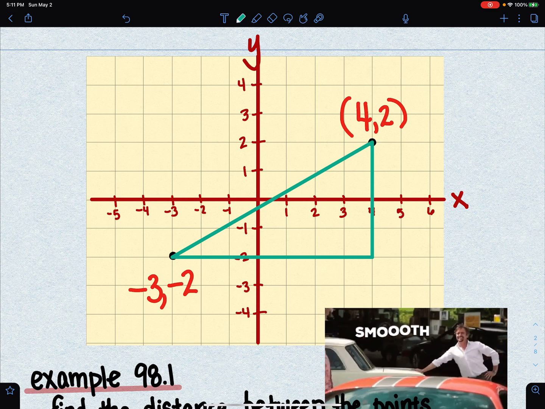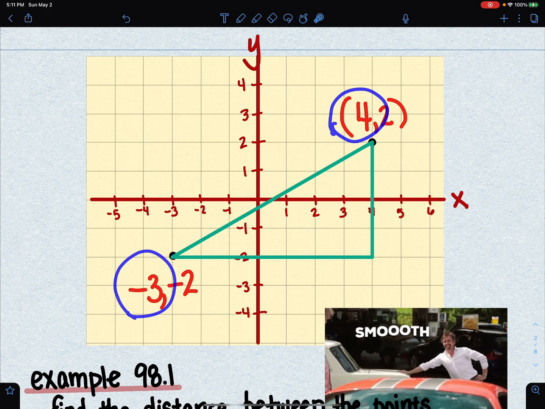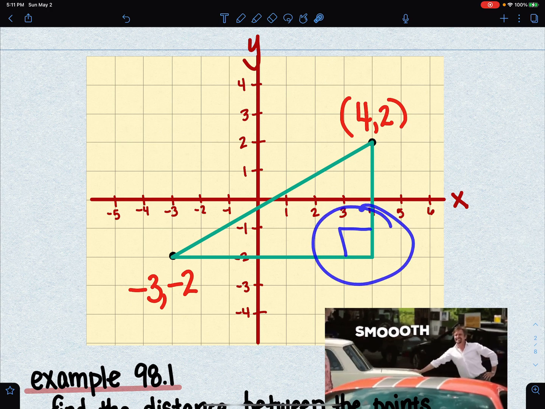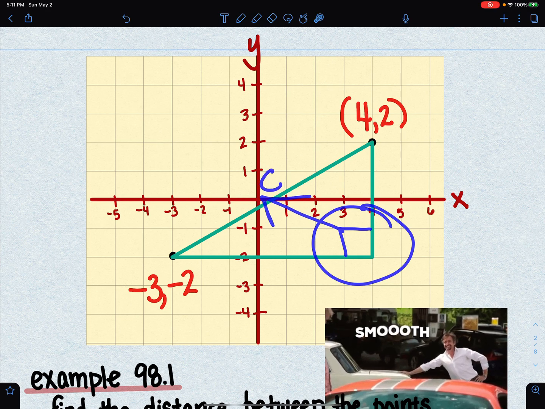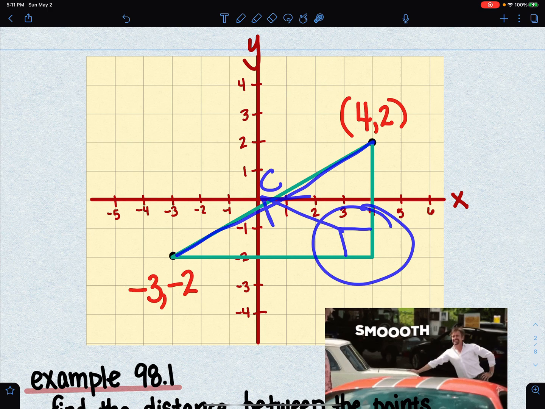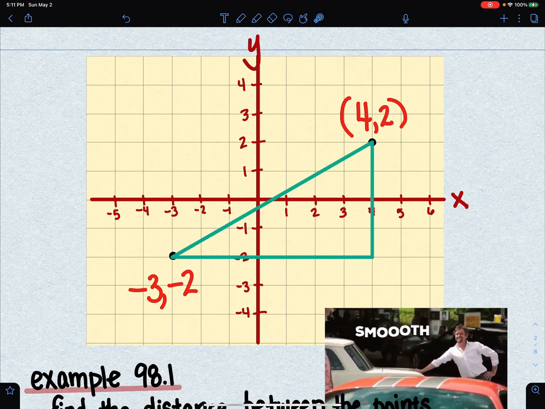And I'm going to go all the way from this x, which is negative 3, to this x, which is positive 4. And then what I've done is I've created something that has a right angle right here. And C is the opposite side. This is C, right? But we don't have the lengths of these legs. Well, we think we don't, but do we?